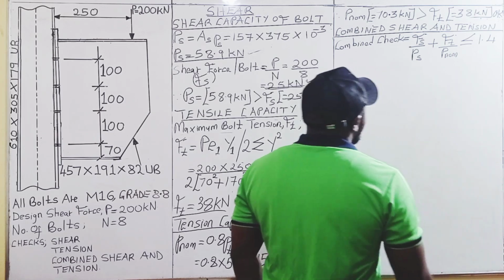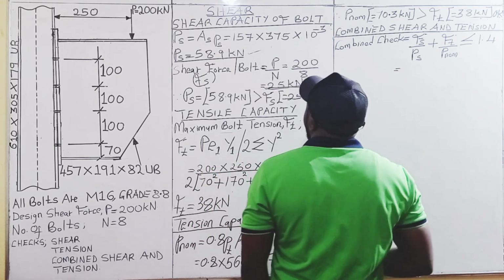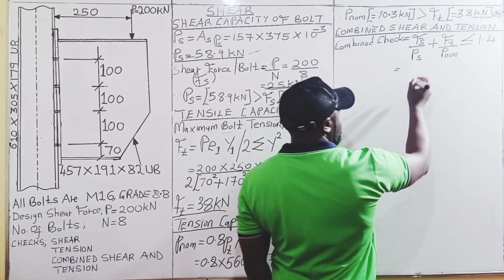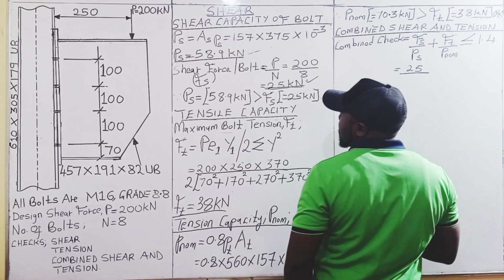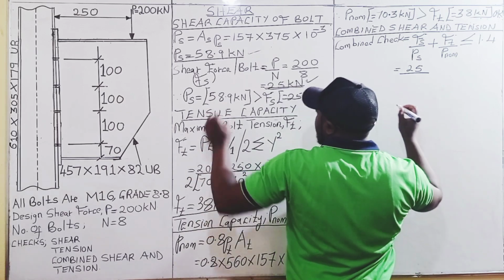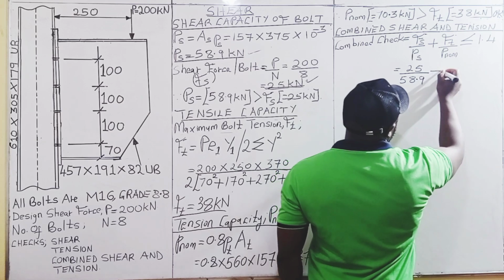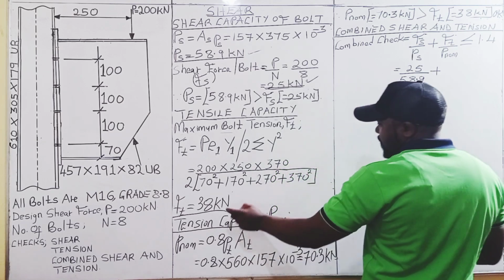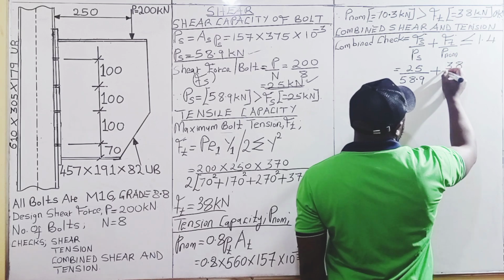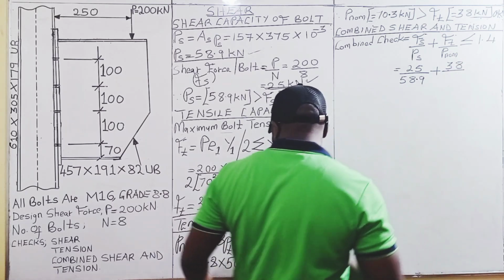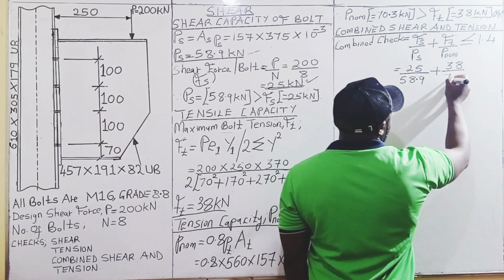And therefore, the combined check will now be given by Fs, which is 25 kilonewtons, divided by Ps, which is 58.9 kilonewtons. We add these two, Ft, 38 kilonewtons, divided by PNOM, 70.3 kilonewtons.